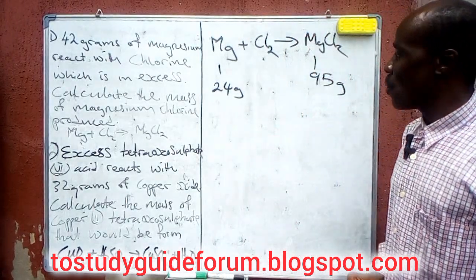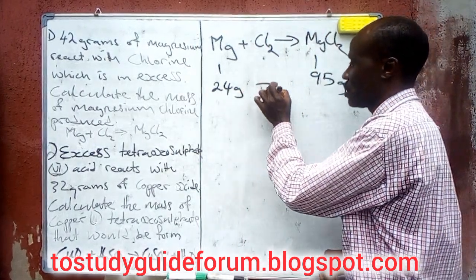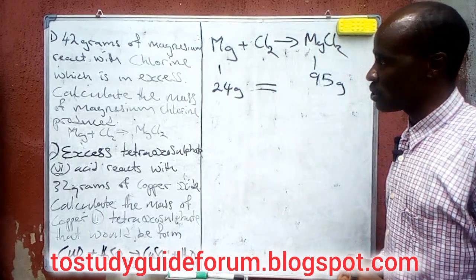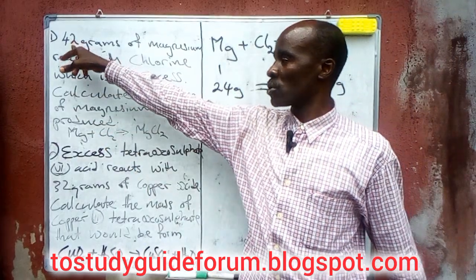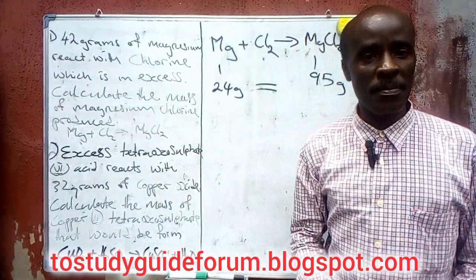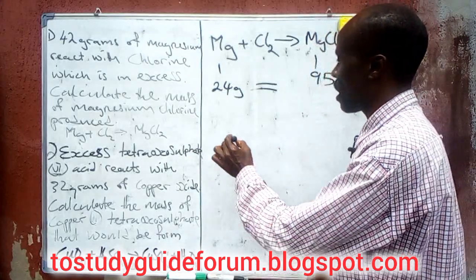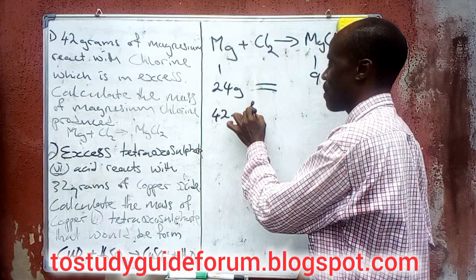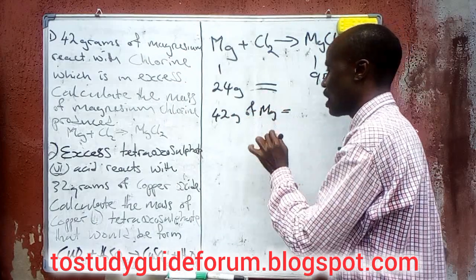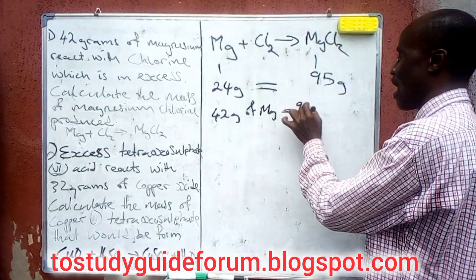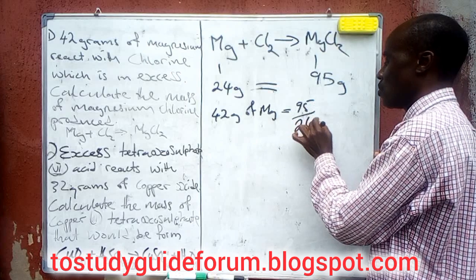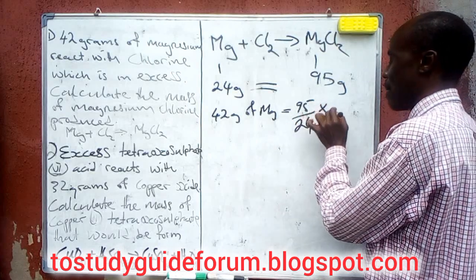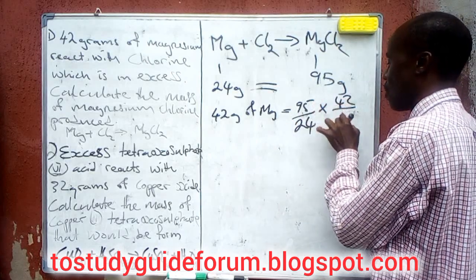Now, since we have succeeded in establishing this, it also means that we're going to find out what 42 will be. If that's the case, 42 grams of magnesium will then give us 95 over 24 multiplied by 42 over 1.